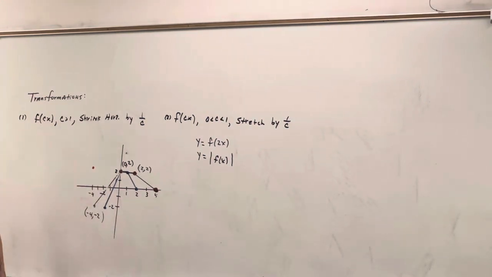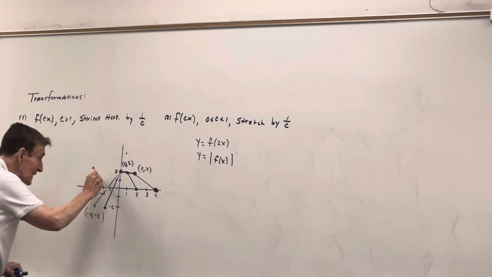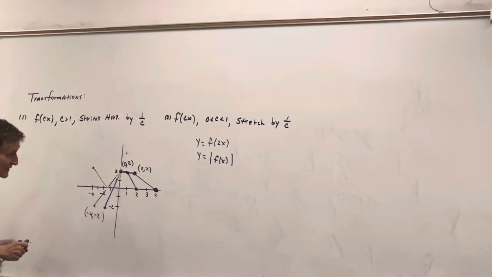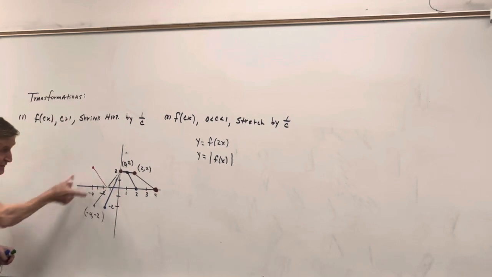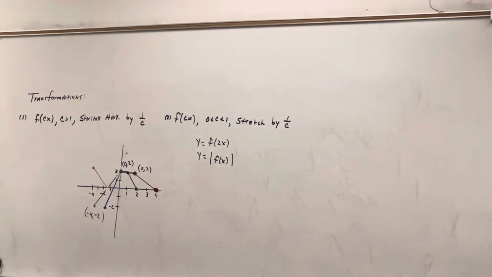Or not? Is that what you're telling me? Are you telling me, now hang on, it looks more like, let me do this, this little piece here now looks like this? If I flip it across the x-axis, make it positive? I think students are telling me that, right?